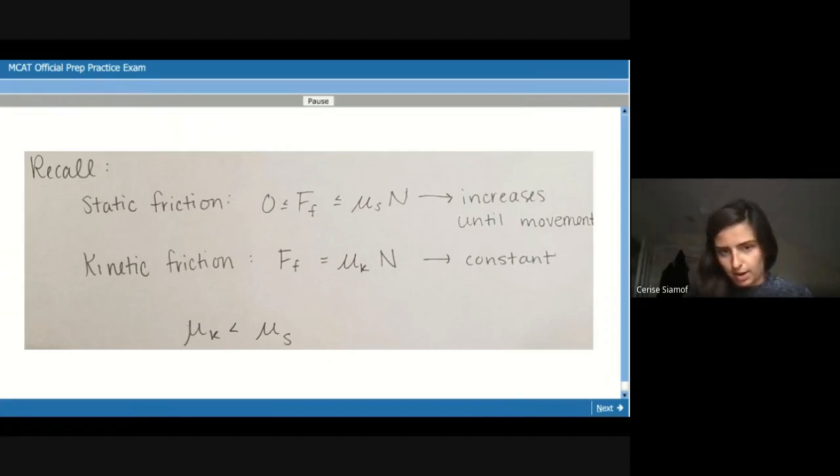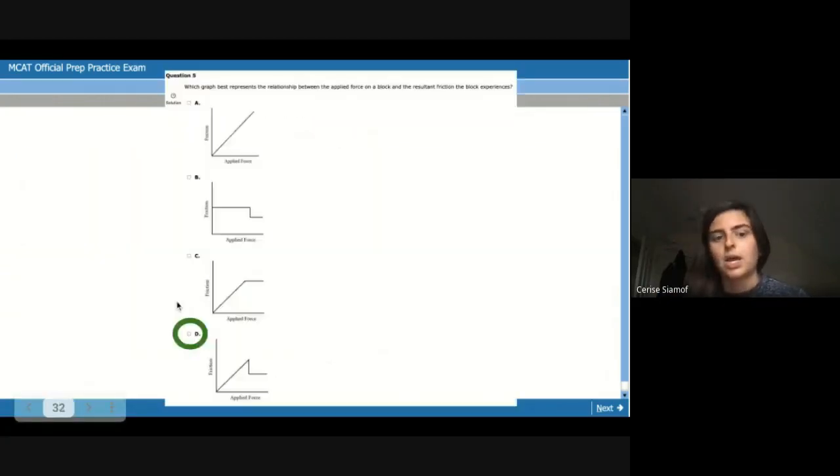There it reaches a peak and then drops. The graph has a sharp point and drops, and then it takes a constant value, and that constant value is mu k times n.